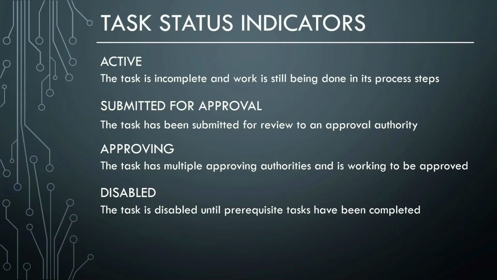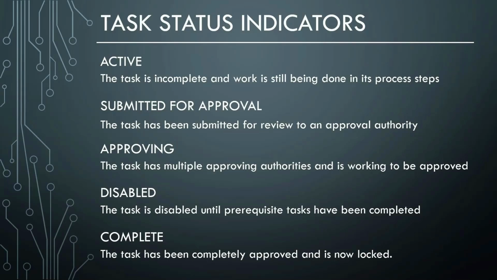A classic example of this would be for the PIA task. In previous process steps, if there was no indication or no check marks made by the fact that your project may collect privacy information, then this task will always be disabled.